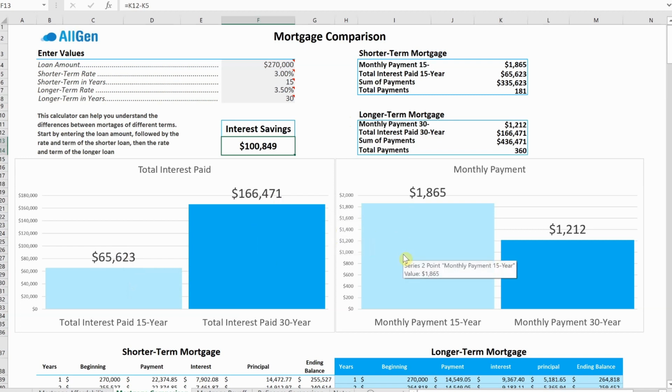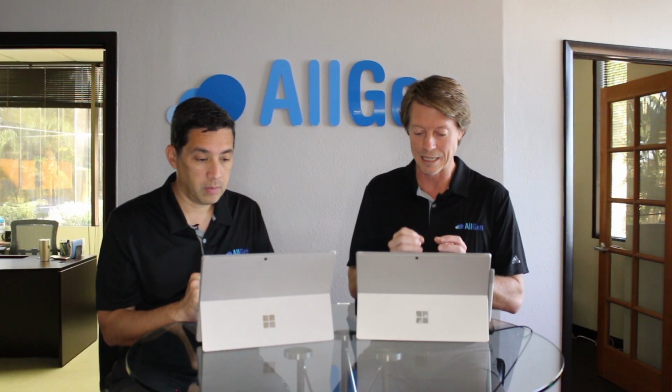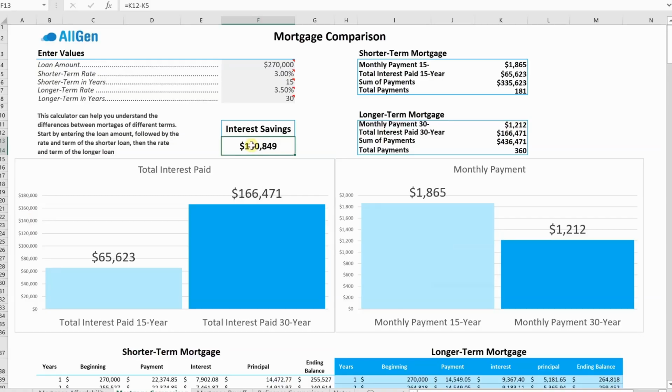And you can see here that the monthly payment is a little bit more expensive. The monthly payment is $1,865 for the 15-year mortgage, but it's not twice as much. The 30-year mortgage would be $1,212. About 50% more. Yep, exactly. But you pay it off in half the time, right? And you pay significantly less interest. You save $100,000 in interest.